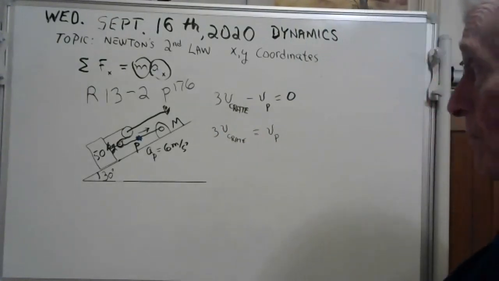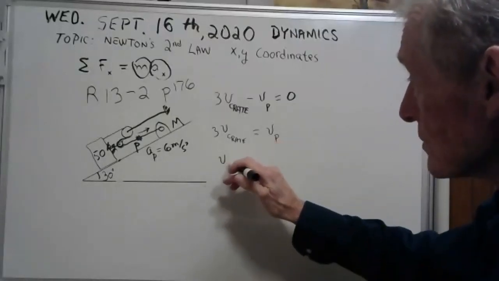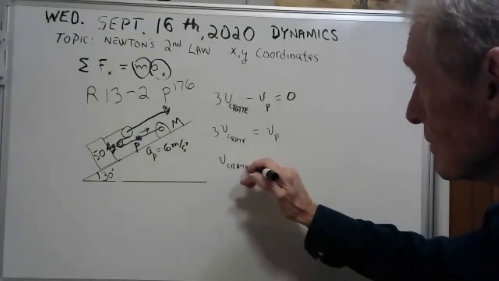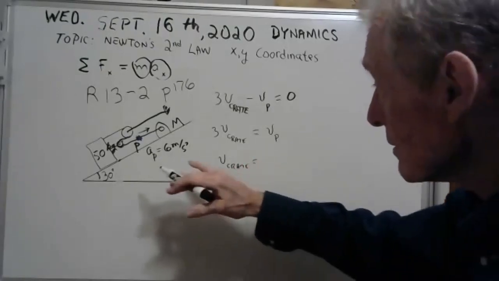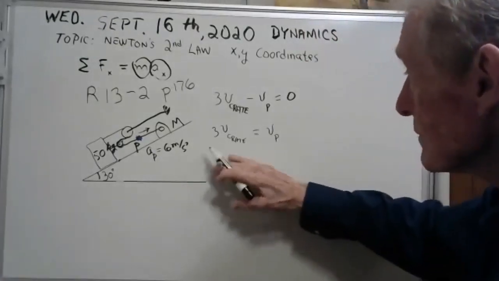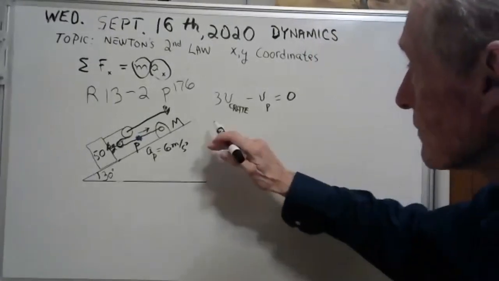And so if this is 6, the velocity of the crate would be how much? Well, oh, wait a minute. No, that's not velocity. Hang on a minute. Let's take the derivative before we do anything else.